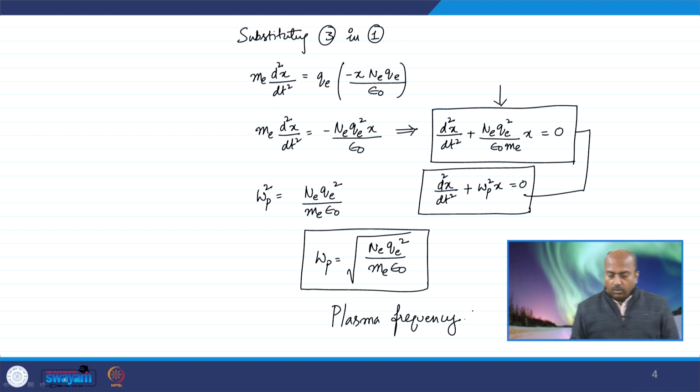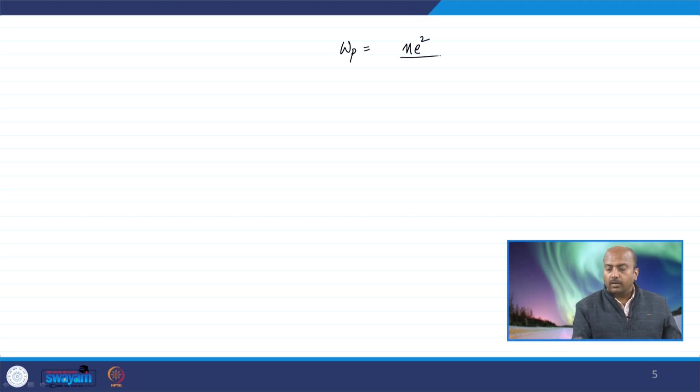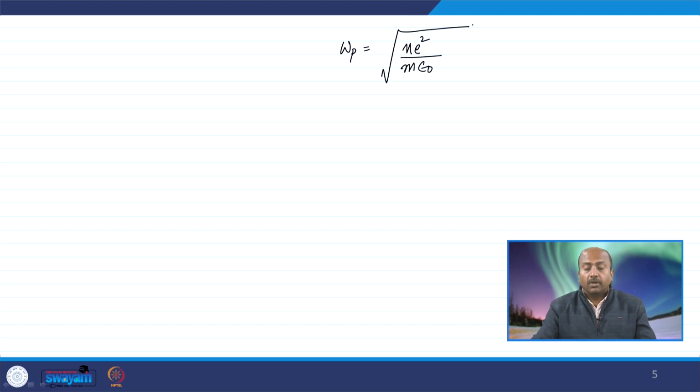So, just for you to remember easily, we write omega p as the square root of n e square by m epsilon naught, where n is the number of electrons per unit volume, e is the charge of electron, m is the mass of electron, and epsilon naught is the permittivity of free space. So the oscillation frequency depends on these parameters.